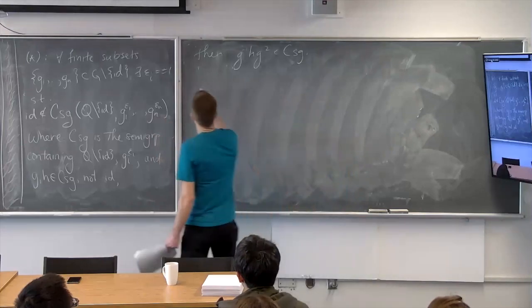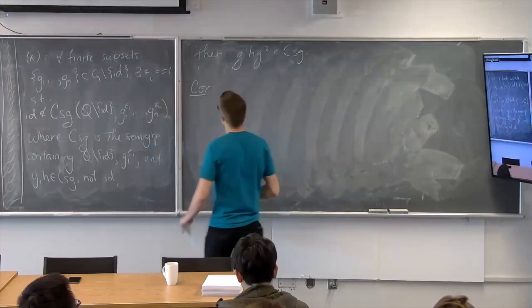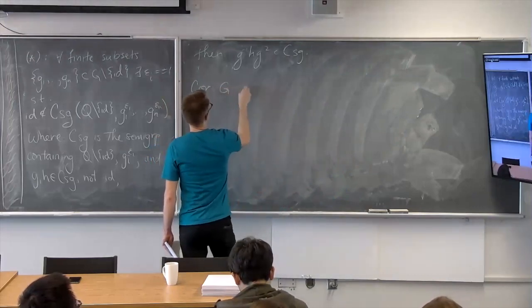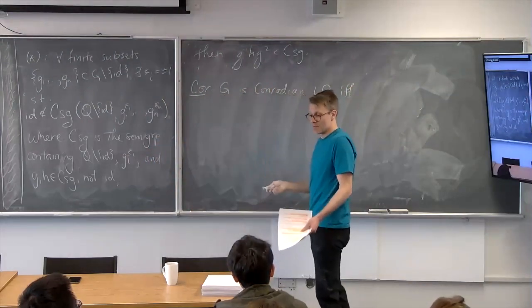Okay, so then you get all sorts of good corollaries, which is that G is Conradian left orderable if and only if, we can say the same thing.